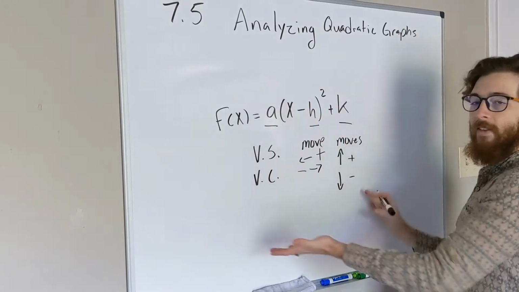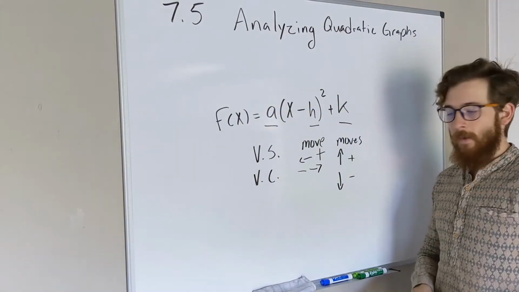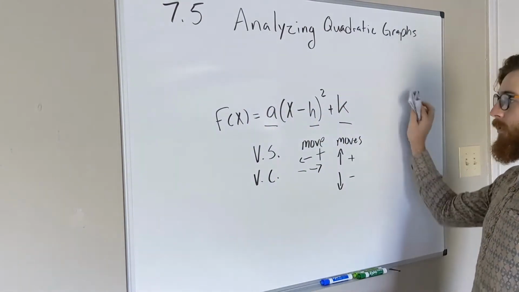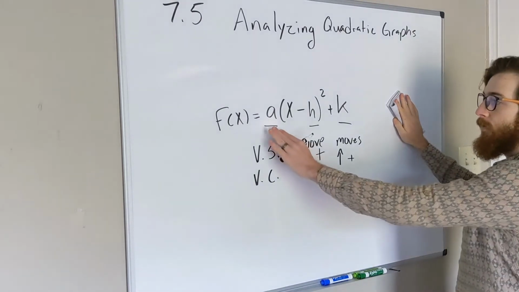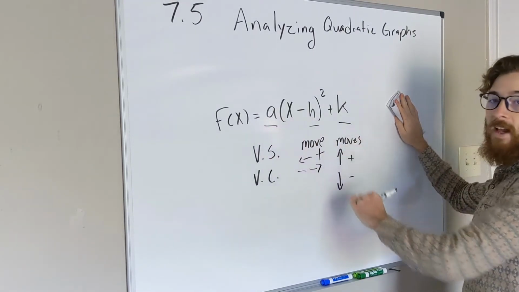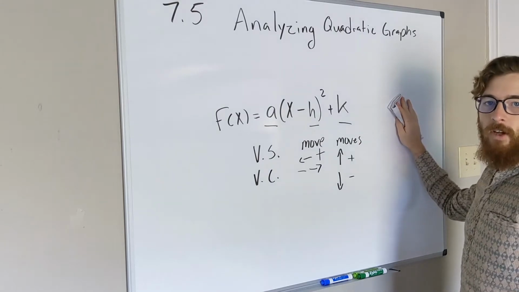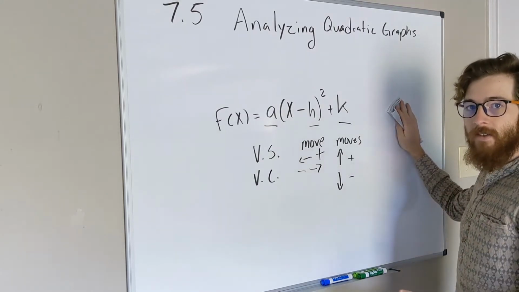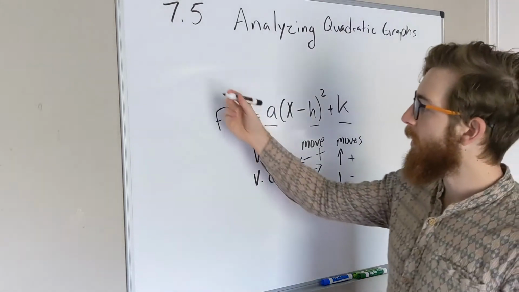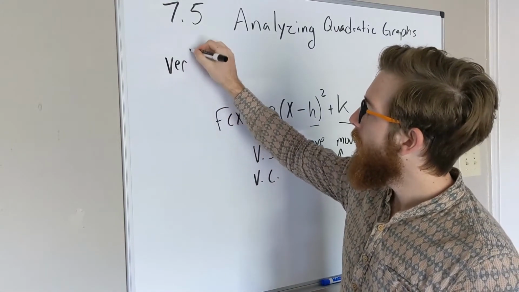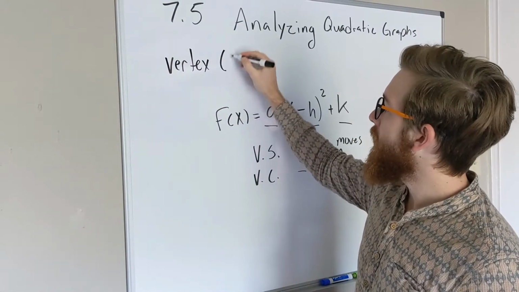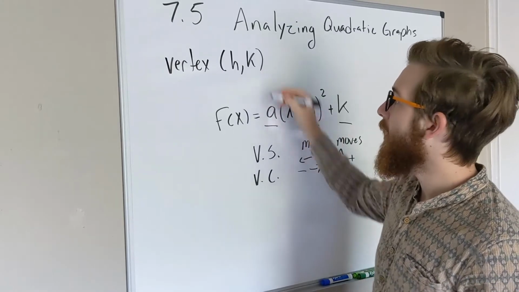And so remembering these transformations, I want to look at a few functions that look like this, and I want to talk about their vertex, and I'm going to go ahead and write this down. Vertex is just h, comma, k.